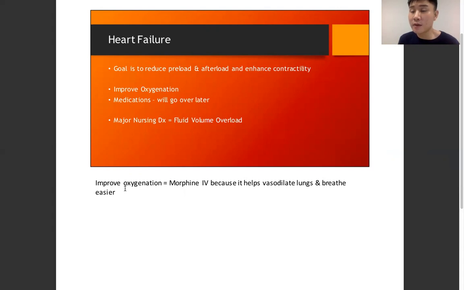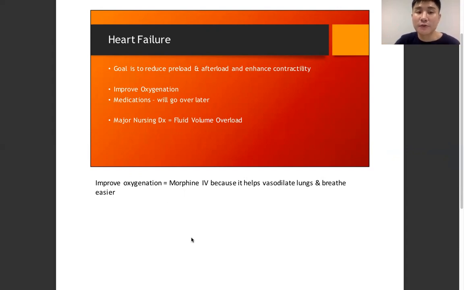However, in this case, for example, when the patient has left-sided heart failure and has trouble breathing because their lung is full of fluid, we still want to give them morphine IV, because morphine IV can help this patient reduce anxiety and improve the oxygenation, because morphine IV can also help dilate the vessels in the lung and help the patient to breathe easier. So that's why we give them morphine.